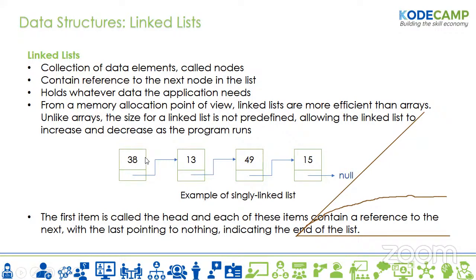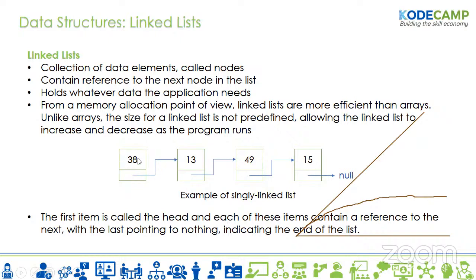In arrays, all of the elements were stored in the adjacent or next memory location to each other. But in linked lists, they can be stored anywhere in the memory. However, each element contains a reference to what is the next element.